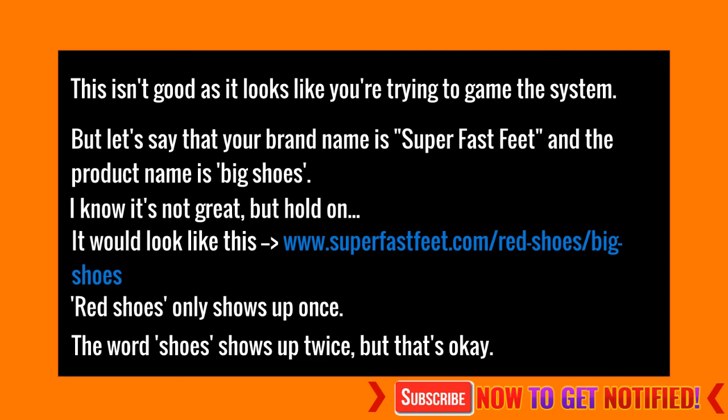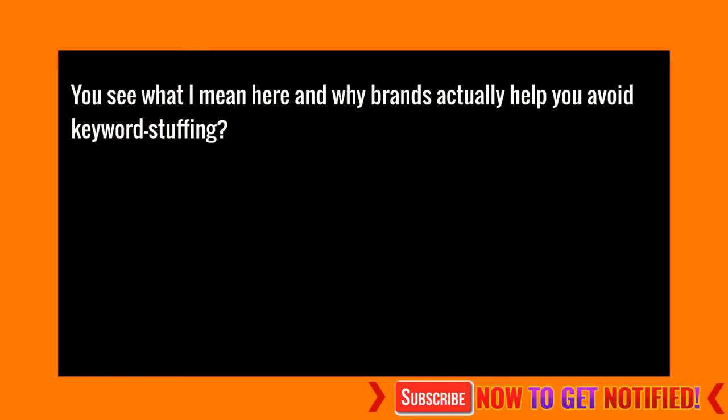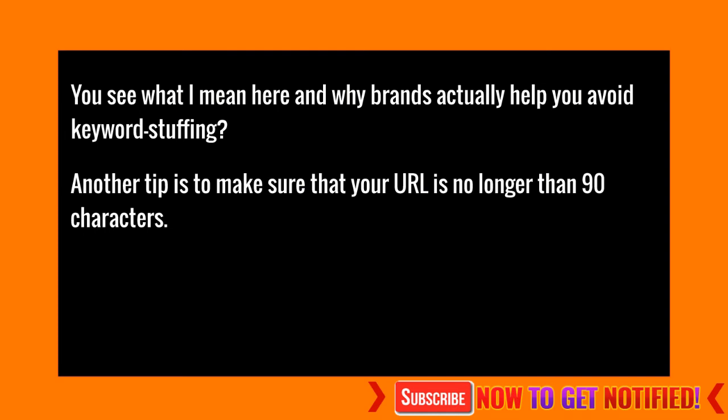So brands not only help you with your URL structure, but also help you diversify and expand what your website could potentially be about. Now, in this case, the word shoes shows up twice, but that's okay. Do you see what I mean here, and why brands actually help you avoid keyword stuffing?